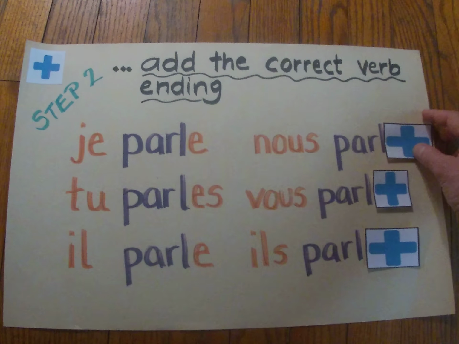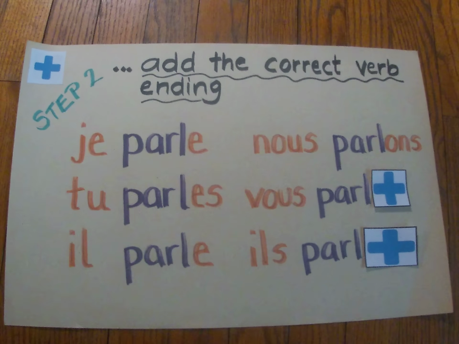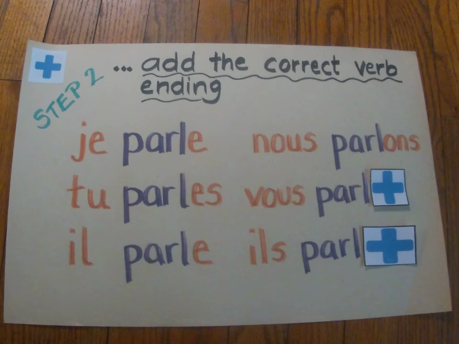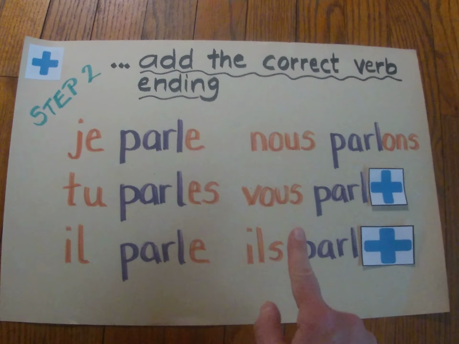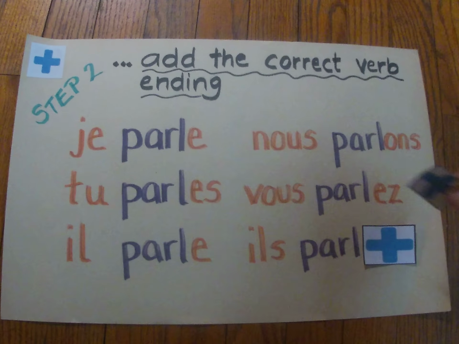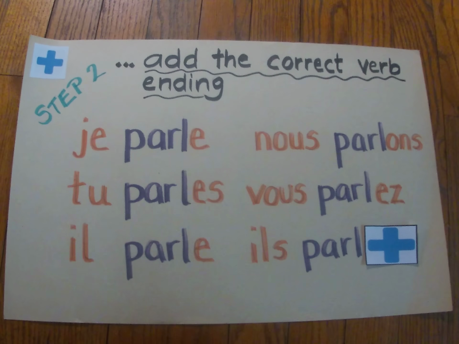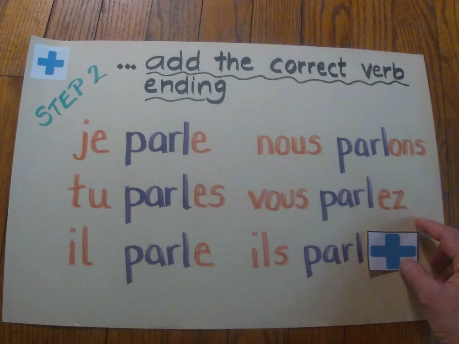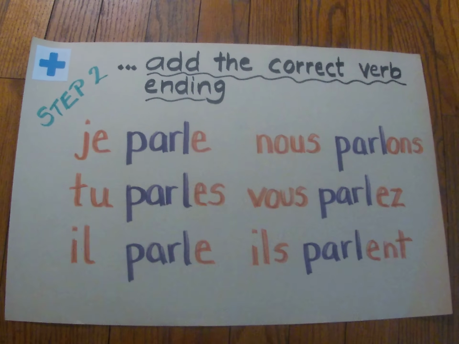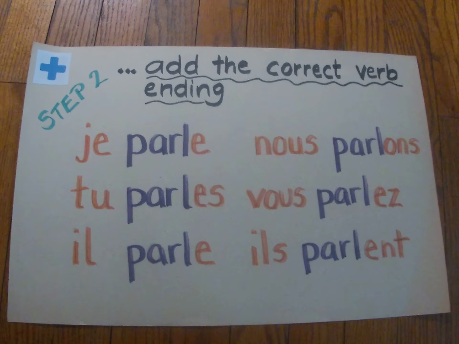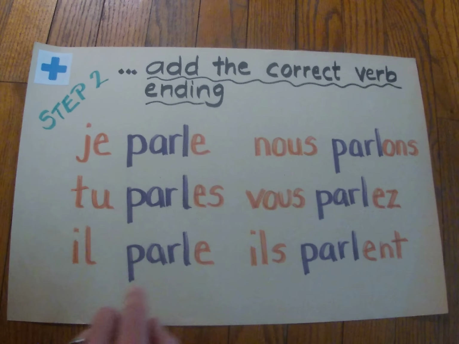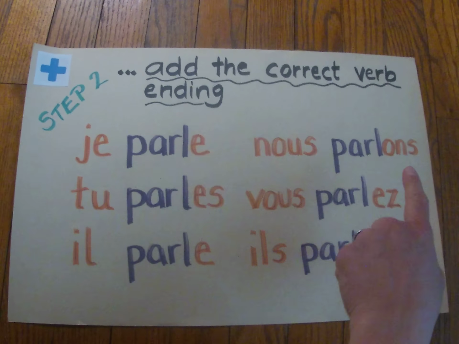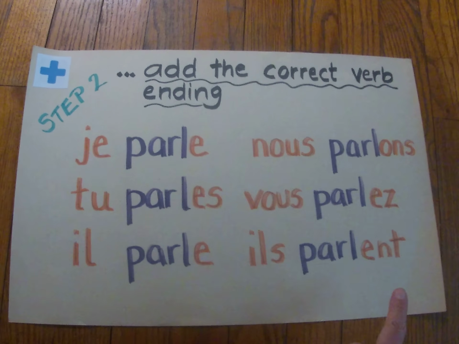For nous, we add the ending ons, which makes it into nous parlons. For vous, we add the ending ez, which makes it into vous parlez. And for ils, plural, we add ent, which makes it into ils parlent. Je parle, tu parles, il parle, nous parlons, vous parlez, ils parlent.